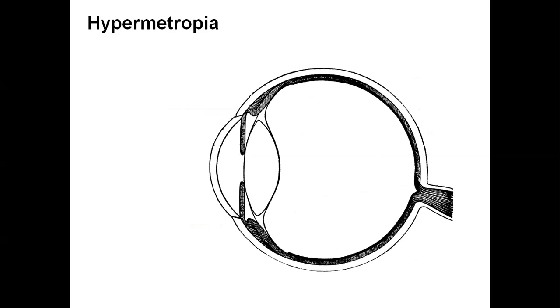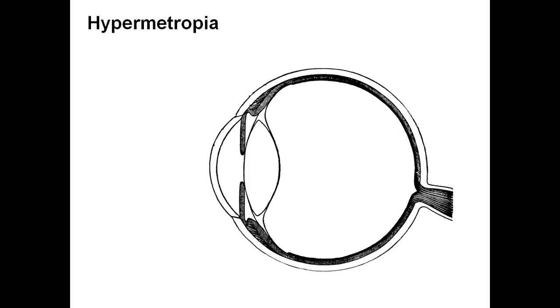Now again, as we see a difference from myopia, it is the opposite. Hypermetropia is also known as farsightedness. A person with hypermetropia can see a distant object clearly but cannot see a nearby object distinctly.